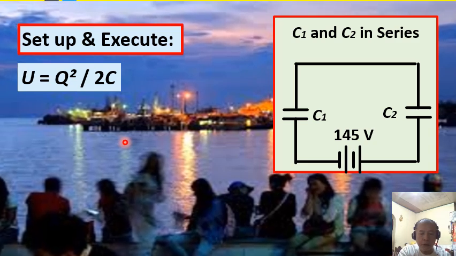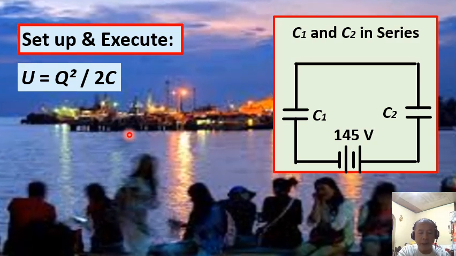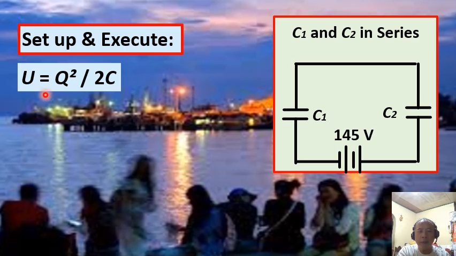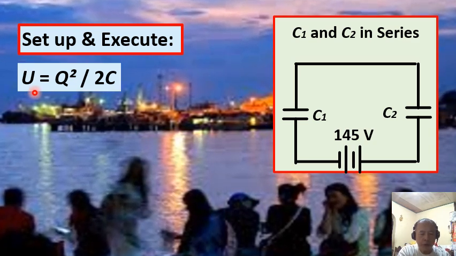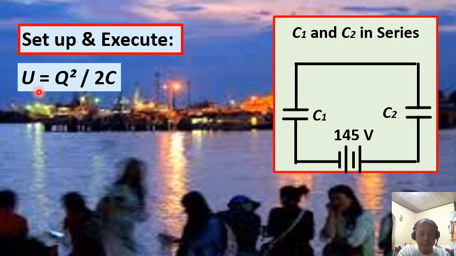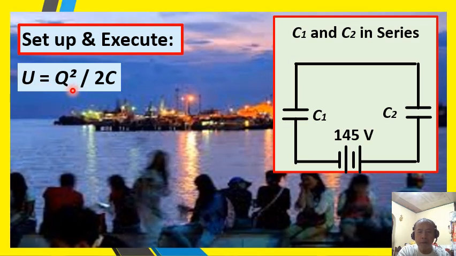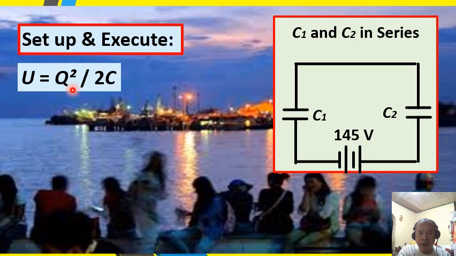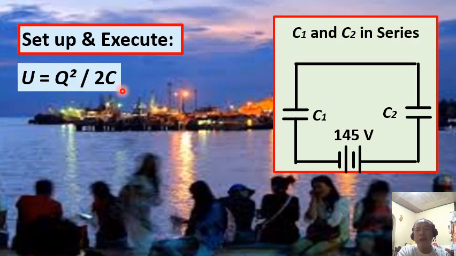Now we can proceed in computing the amount of stored electric potential energy, denoted here by capital letter U, using this formula. So capital U is equal to the square of the total charge big Q divided by twice the equivalent capacitance.